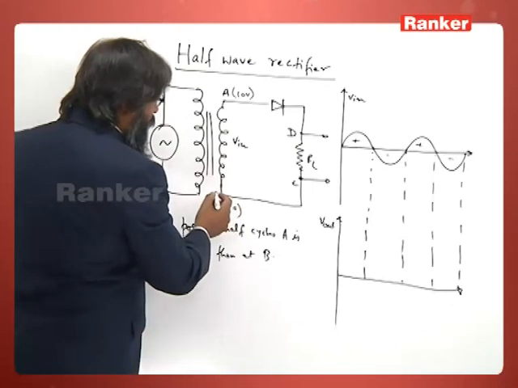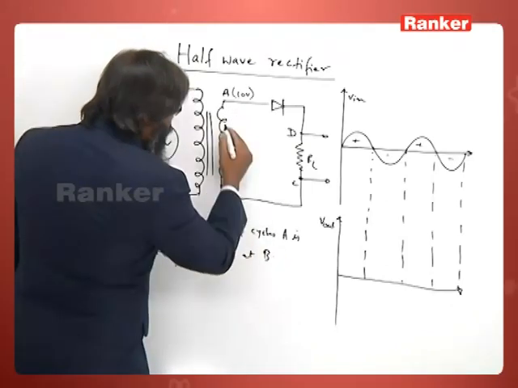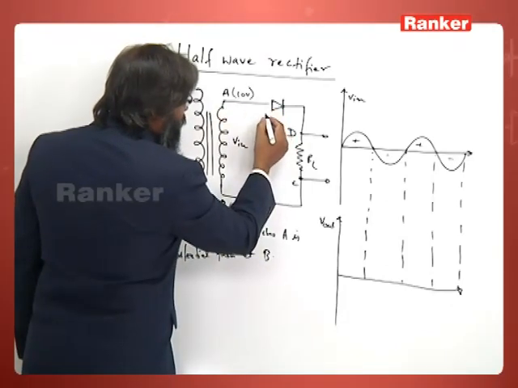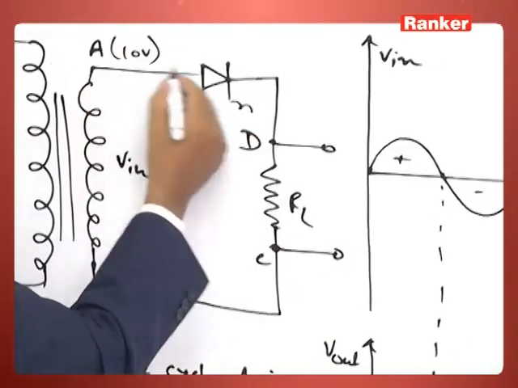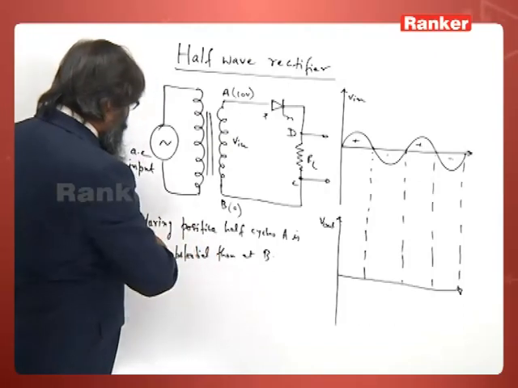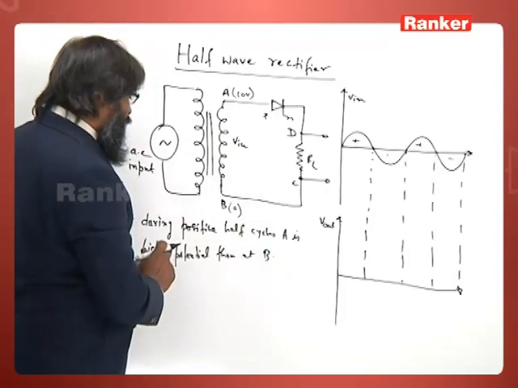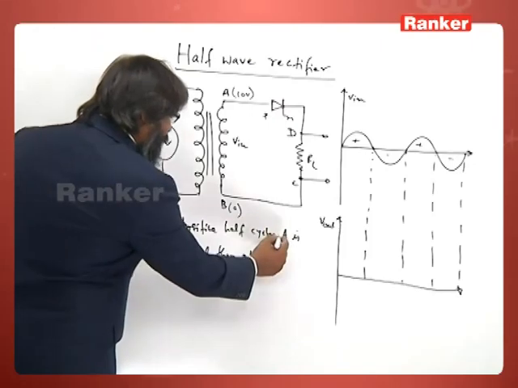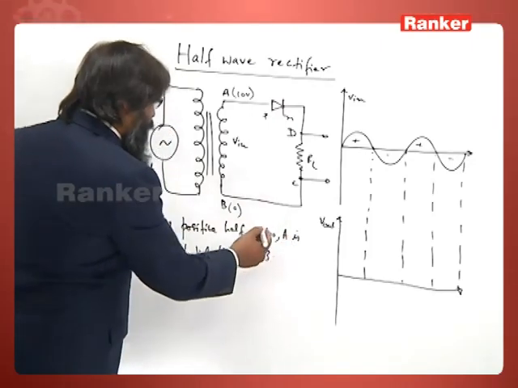So, you see what happens, this is at higher potential, this is your P type and this is N type. So, the diode becomes forward biased.